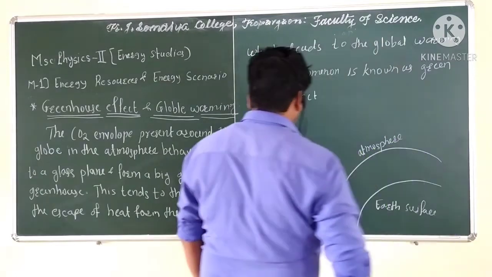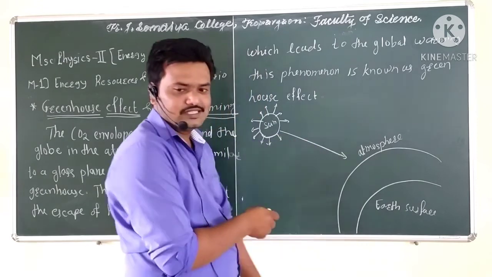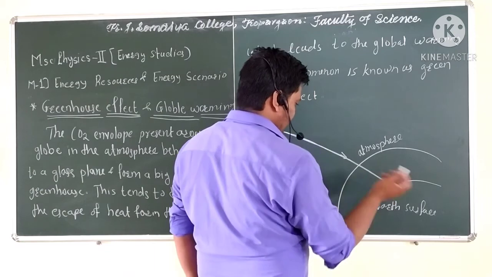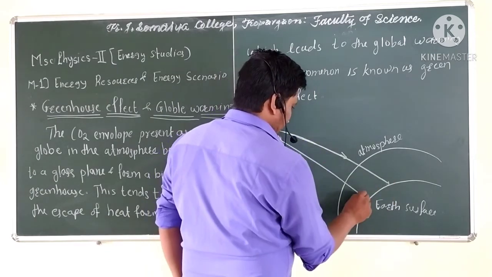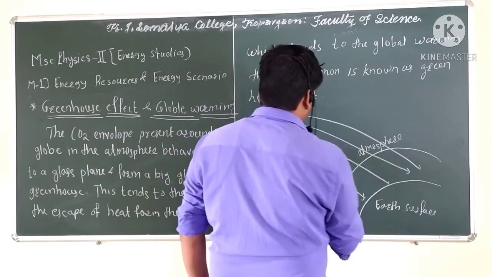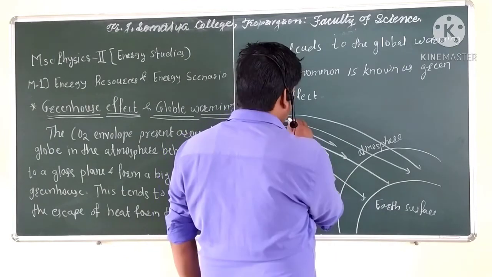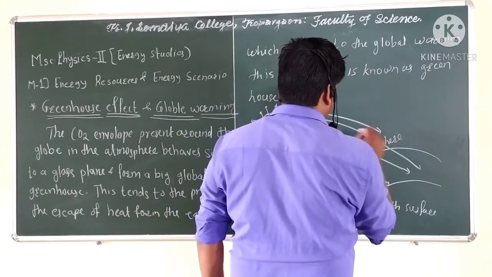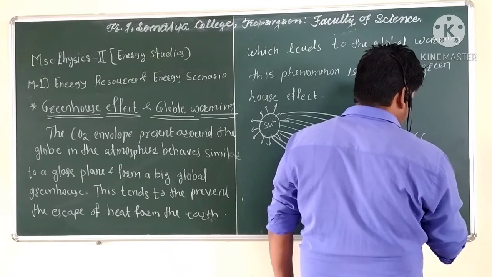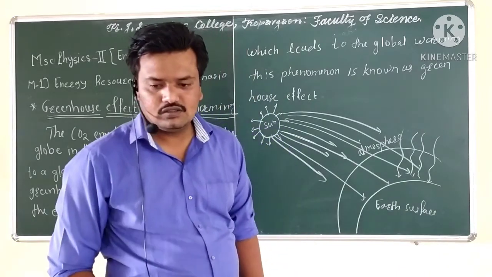Okay, so what happens here is that the solar radiation incident on the earth surface, the long wavelength solar radiation, goes directly and is incident on this earth surface. And some short radiation goes through the passage of the atmosphere. So this is considered as the long wavelength.